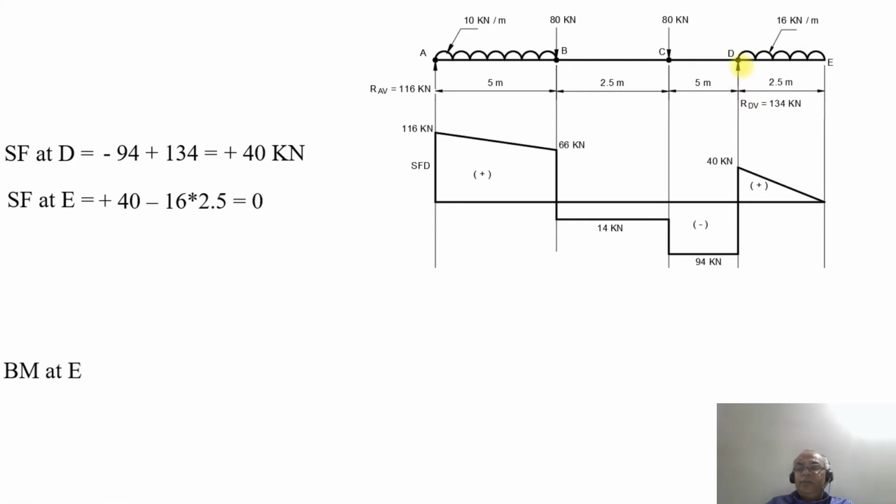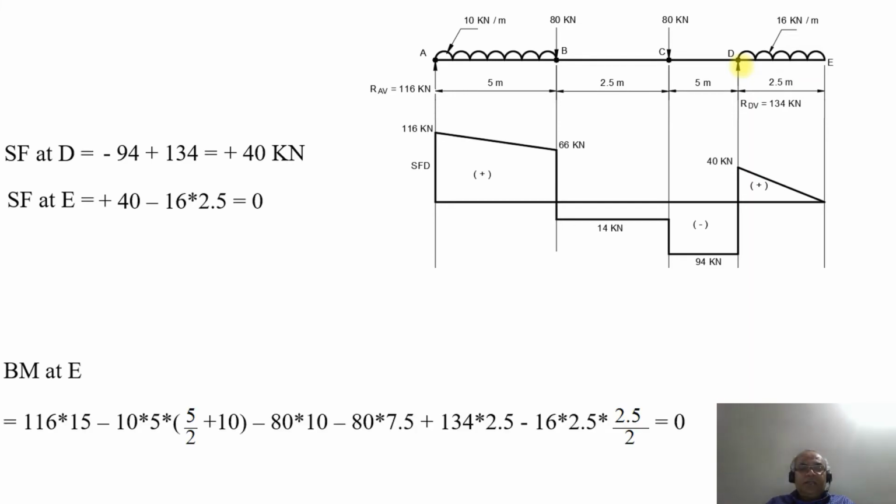Now, what is going to be the bending moment at the point E? The bending moment at the point E will be equal to 116 into 15 minus 10 into 5 into 5 by 2 plus 2.5, which is 7.5, plus 10. Then again minus 80 into 7.5 plus 2.5, which becomes 10.